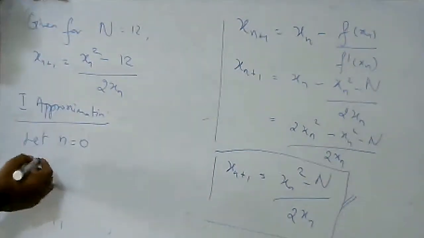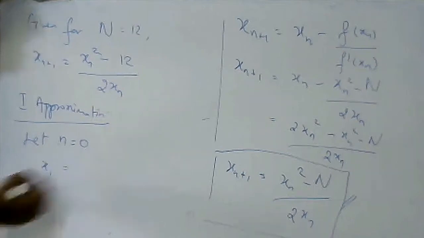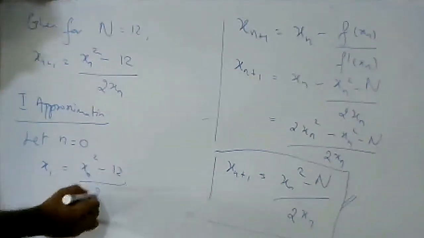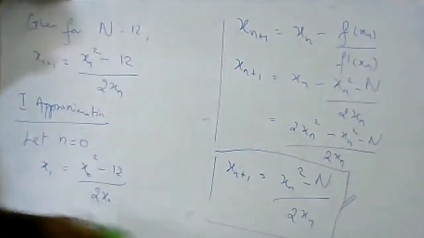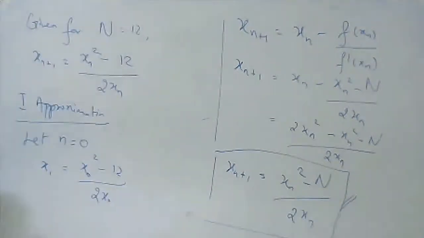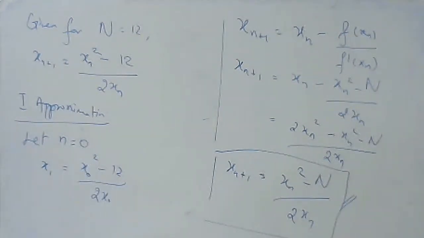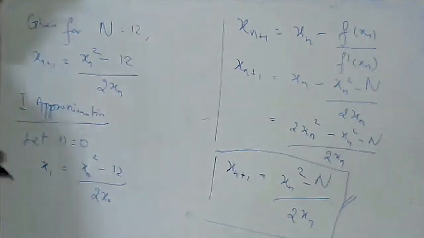What do you get? x1 equal to x0 square plus 12 divided by 2x0. Now what's the value of x0? Only if we know the value of x0 can we substitute and get the value of x1. So we need to find the value of x0. How do we find it?